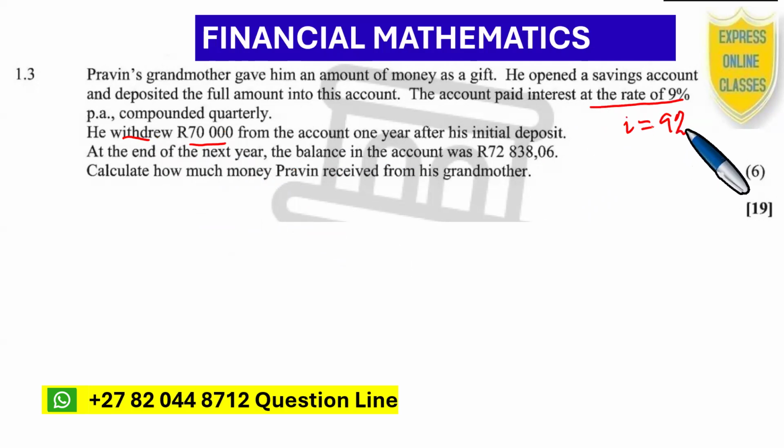Previn withdrew 70,000 Rand from the account 1 year after his initial deposit. The interest rate is exactly 9%, which we divide by 100, but it is compounded quarterly. At the end of the next year, the balance in the account was 72,838 Rand and 6 cents. Calculate how much money Previn received from his grandmother.